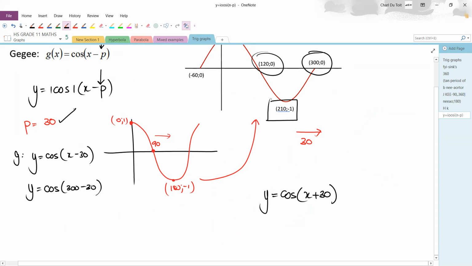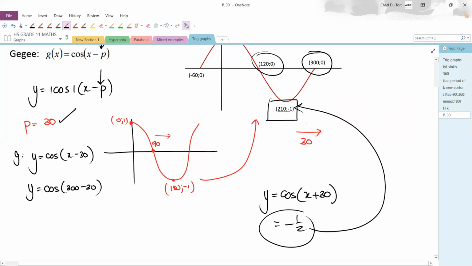Let's test that. I type in 210 plus 30. I get -half. And that does not correspond with that coordinate. So it's wrong. Yes, sir. Good.